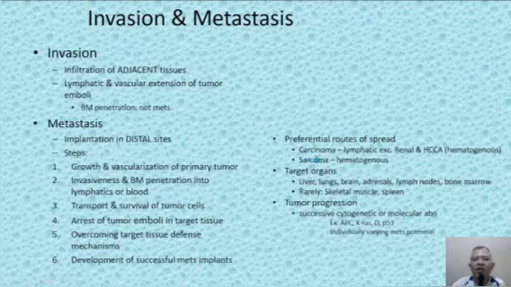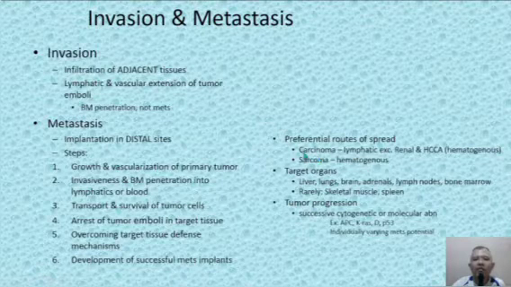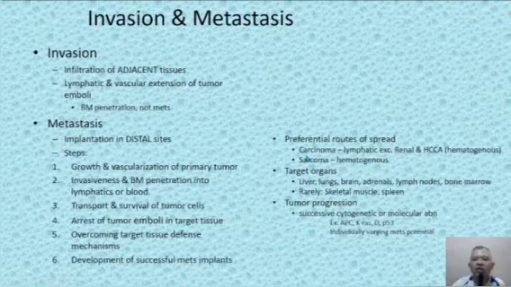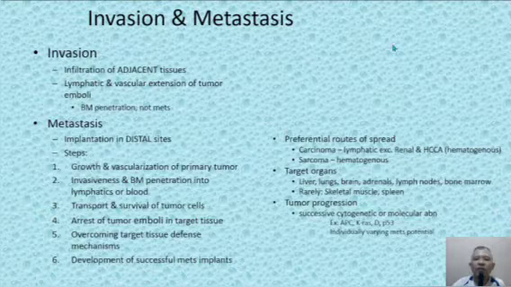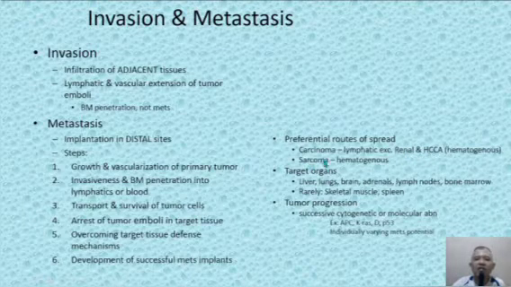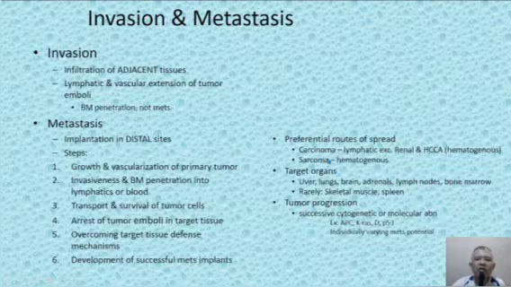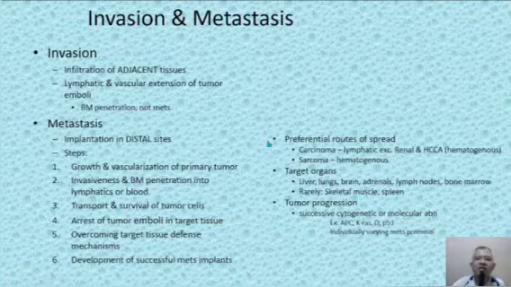Again, for carcinoma, the usual route of spread is lymphatic, except for four. You will know later in the next slide. For sarcoma, the usual route of spread is hematogenous, or through the blood vessels.